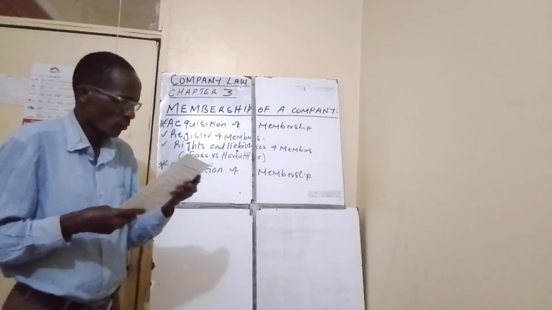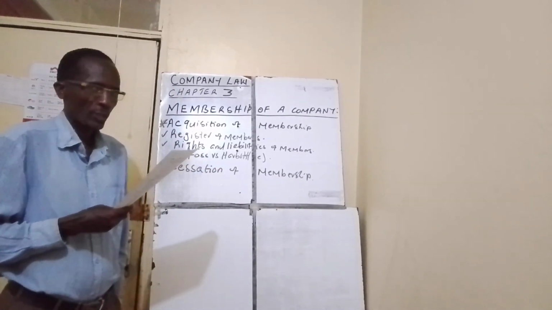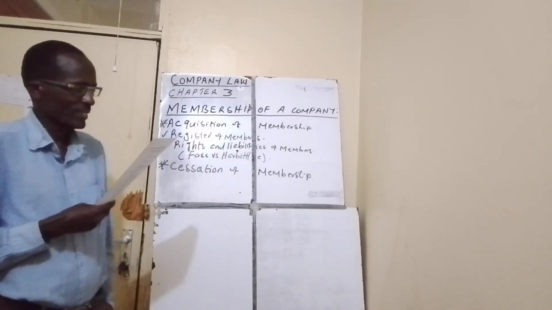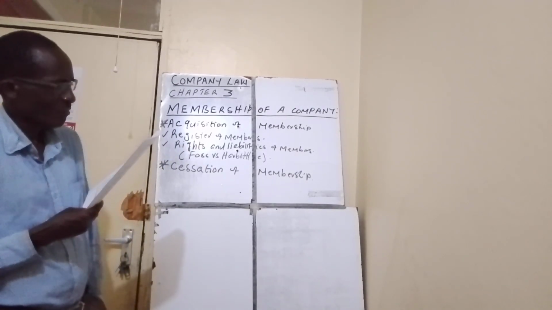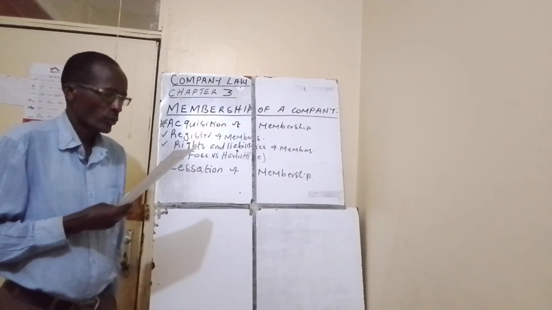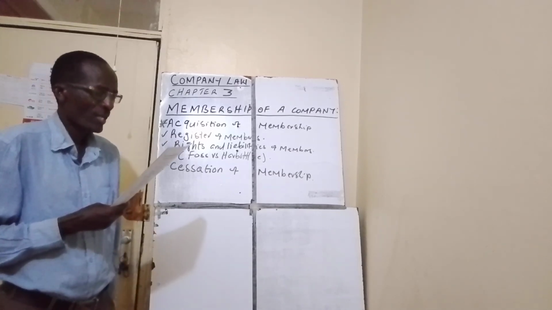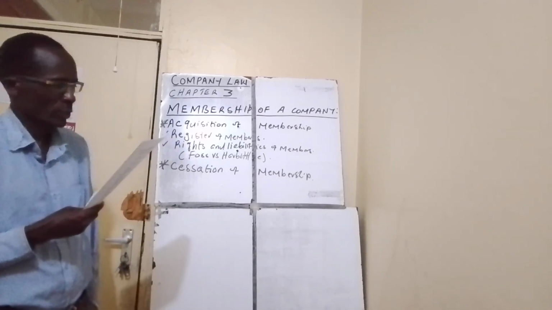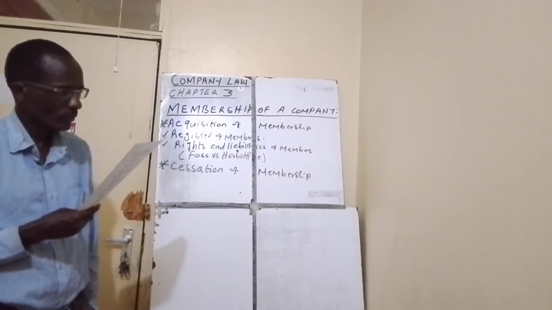Number 6, forfeiture. When the company's articles of association authorize the director to forfeit shares, and the director forfeits all the shares held by a member, the member will cease to be a shareholder from the date specified in the Articles of Association as the effective date of forfeiture.